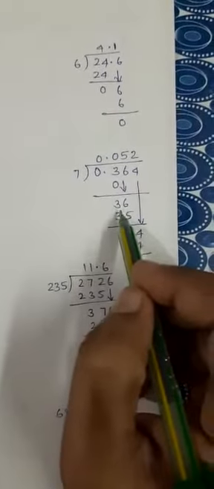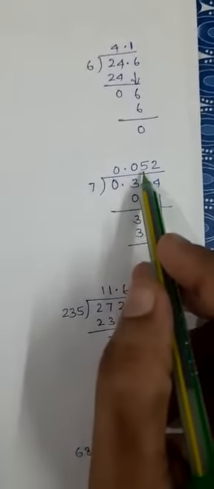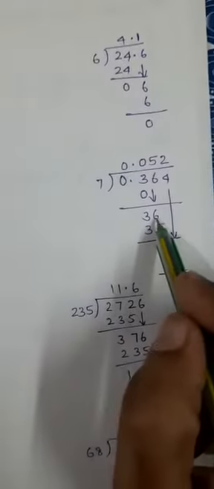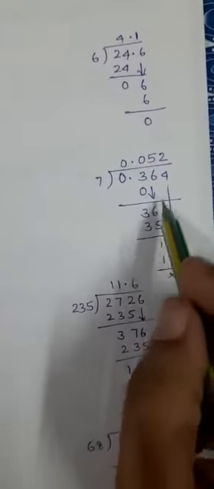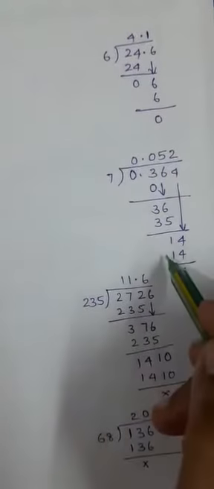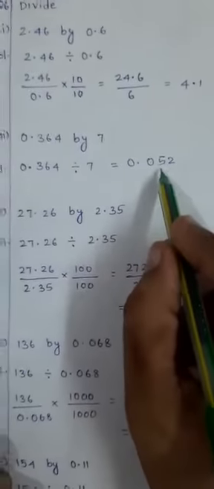How many times is 7 contained in 36? 7 5s are 35. So write 5 in the quotient. Now subtract, 6 minus 5 is 1. Then bring down 4, 14. How many times is 7 contained in 14? 2 times. So the quotient is 0.052.